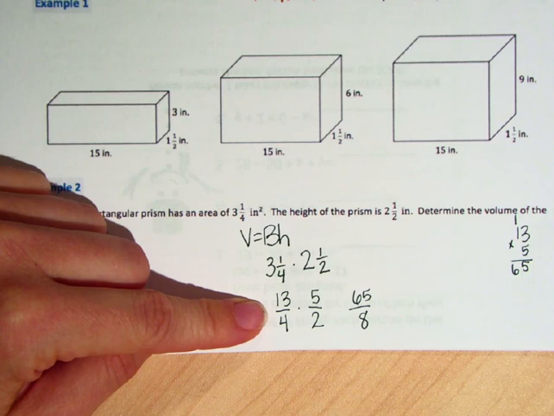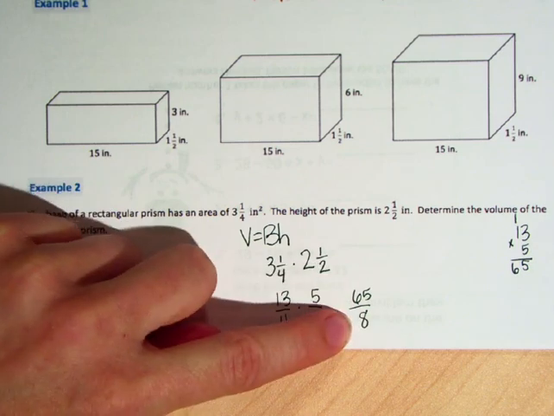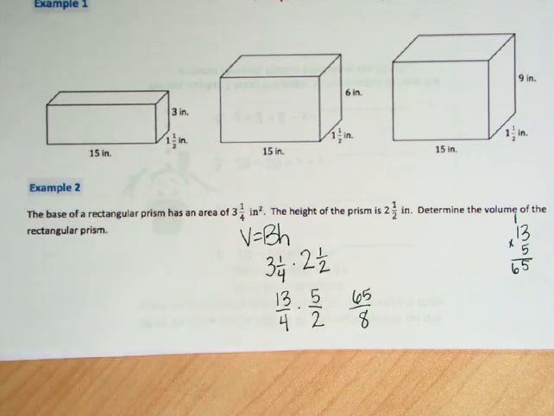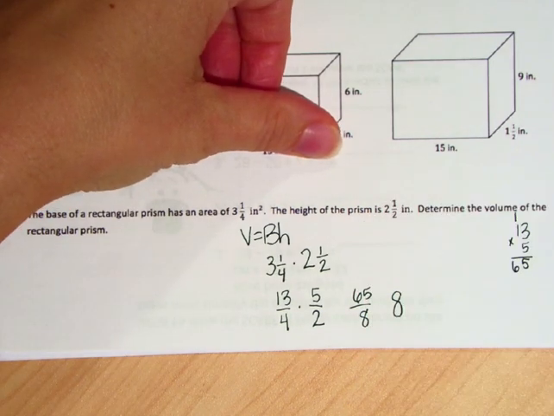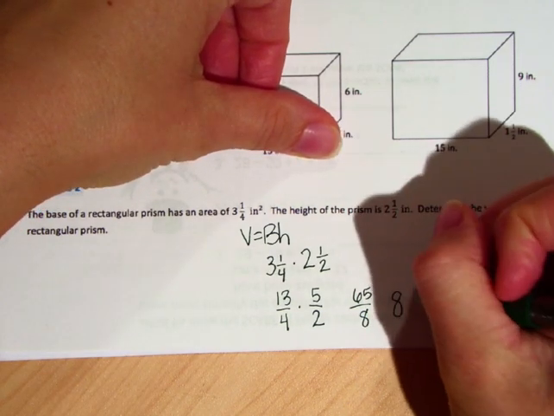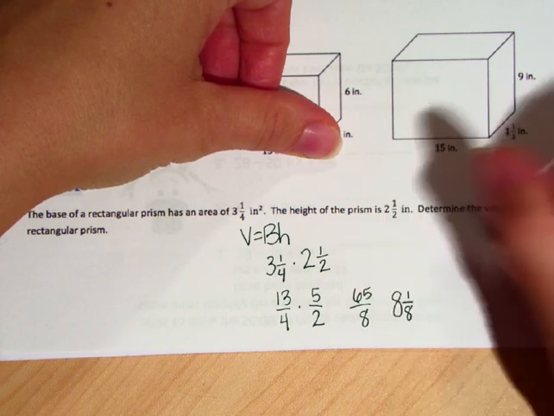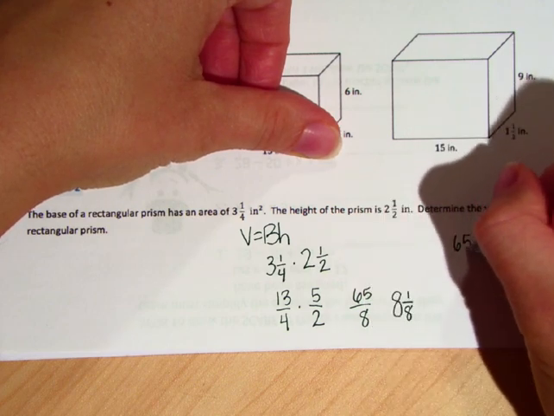Now I want to make that into a mixed number because that's just easier for my brain to wrap around. So I'm going to take 65 divided by 8. I can do that one in my head, but I will write it out too so that we can see both. I know 8 times 8 is 64, so that is very close. So I have 8 whole. And I'm left with 1, so I'm left with 1/8. Here's how I did it.